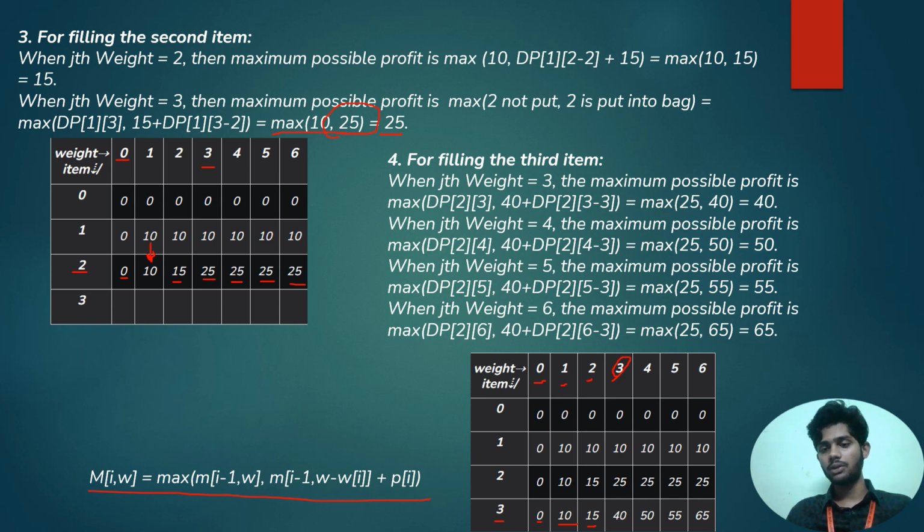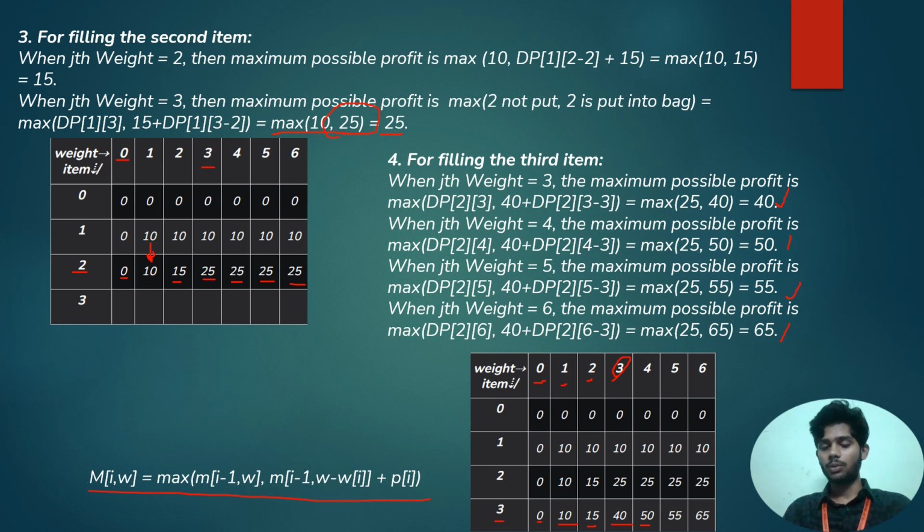We know that for weight 1 the profit is 10, for weight 2 the profit is 15, and for weight 3 the profit is 40, so we write 40 here. By substituting the i value, the j value and the weight value in the formula, we get the profits 40, then 50, 55 and 65. So we note down the profits: 40, 50, 55, 65.